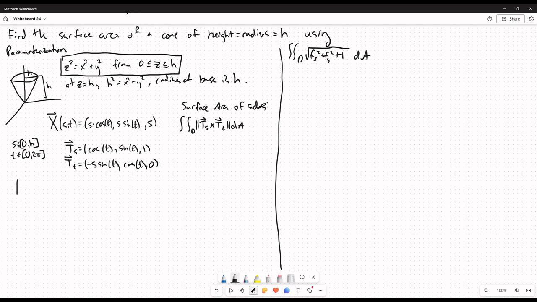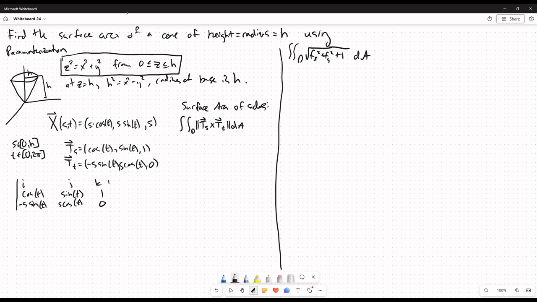So if I take the cross product of that, i, j, k, I didn't give myself quite enough room there. Let's go ahead and just write these things out first. So we'll have cosine of t, sine of t, 1. Then we'll have negative s sine of t, s cosine of t, 0.